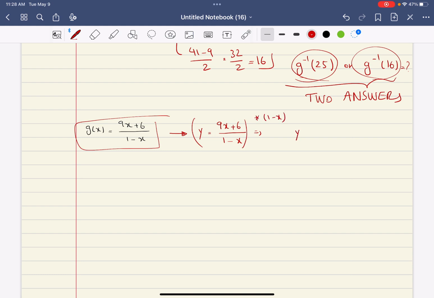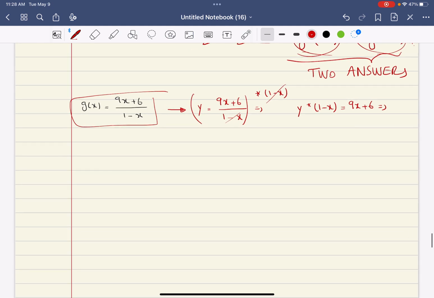So it would be y times 1 minus x equals, the 1 minus x's would cancel out each other, so 9x plus 6. This means y minus yx equals 9x plus 6.